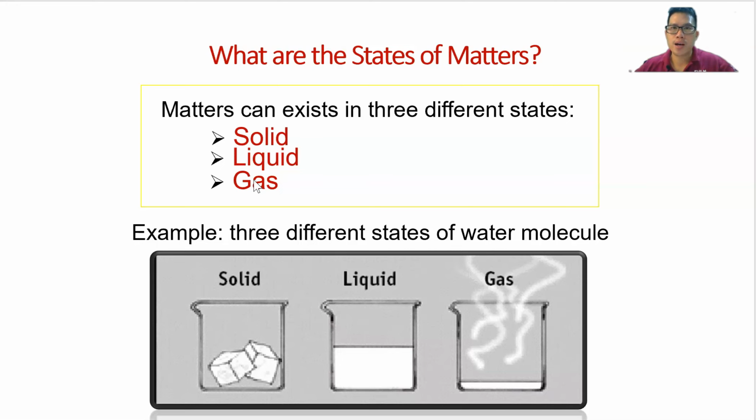Because temperature is an energy, it will affect the intermolecular force. We have spoken about that in organic chem before. So the matter can exist in three different states: solid, liquid, or gas. You could be talking at room temperature, at colder temperature like 5 degrees Celsius, or warmer, like 40 degrees Celsius. So it's really depending on the temperature it is in.